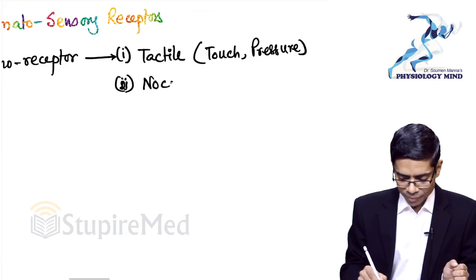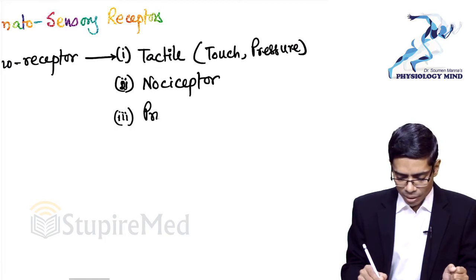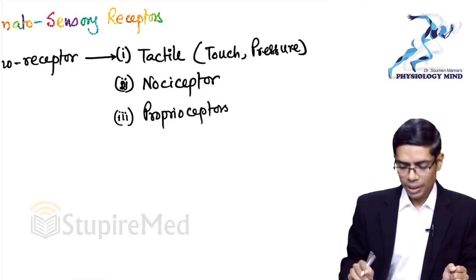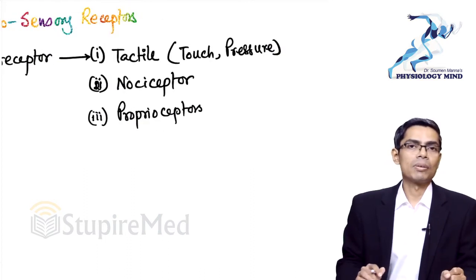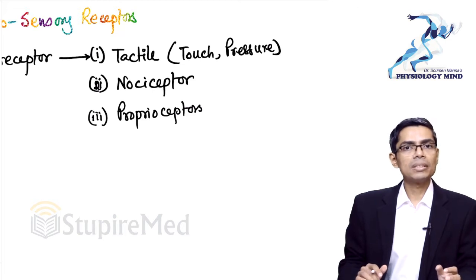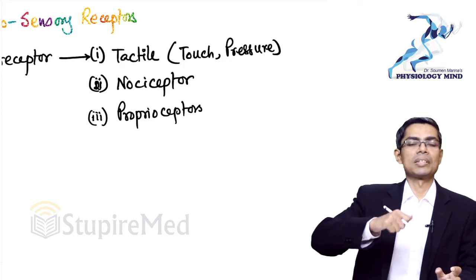Second, it can be a nociceptor. Number 3, it can be proprioceptors. Proprioceptor means, all of you know, it is the receptor which gives an idea about the position sense of joints in 3-dimensional space.